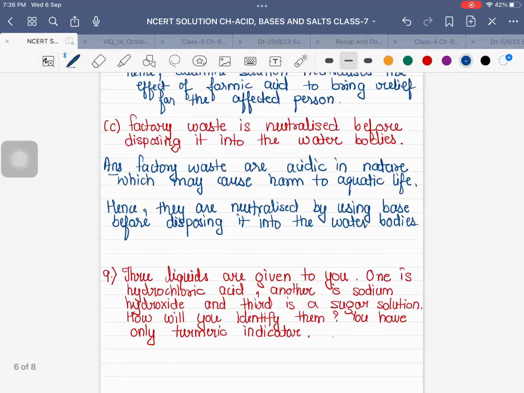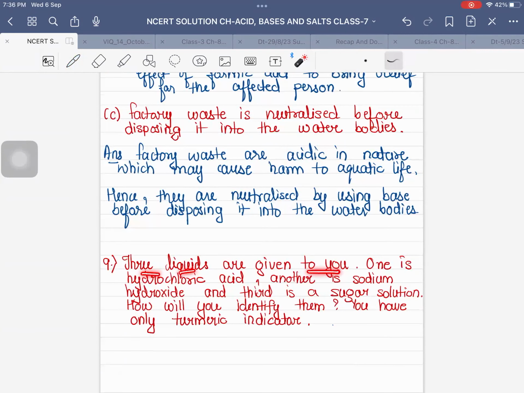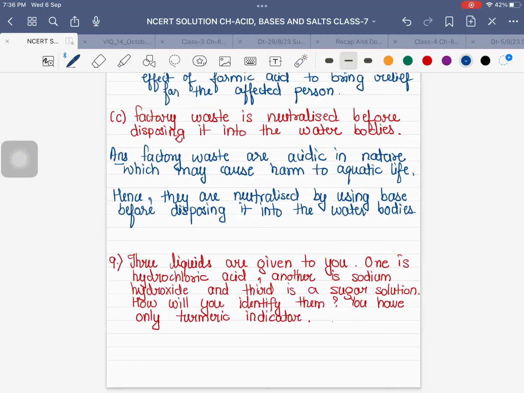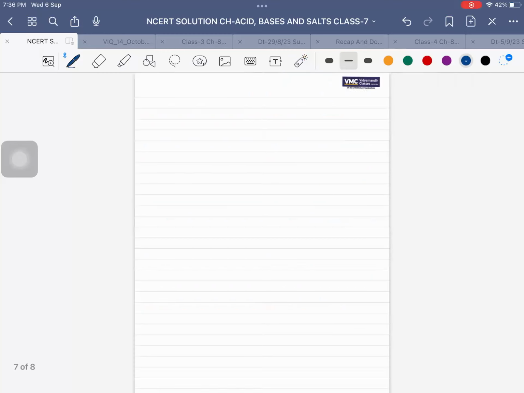Next one, three liquids are given to you. One is hydrochloric acid, another is sodium hydroxide, and the third is sugar solution. How will you identify them? You have only turmeric indicator. So we have to follow the steps to determine which one is acidic, basic and neutral.